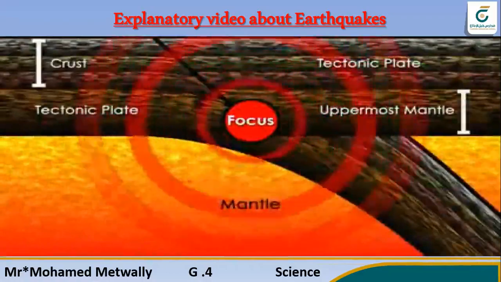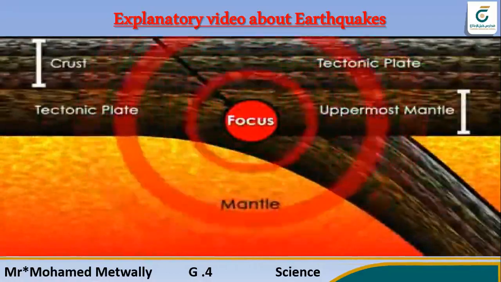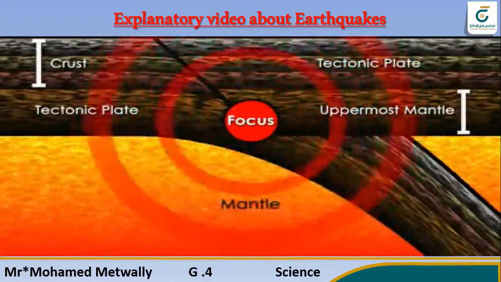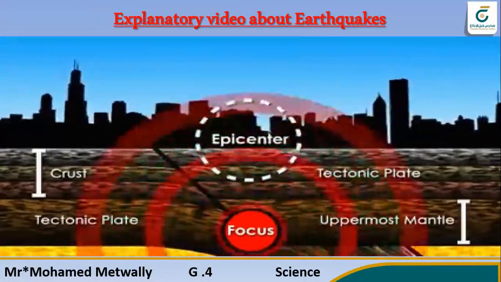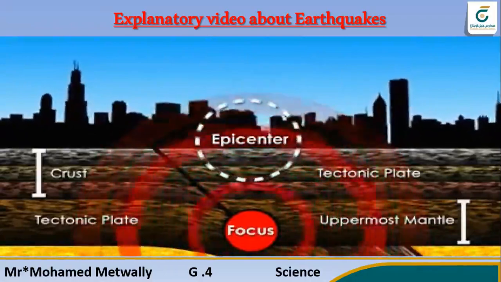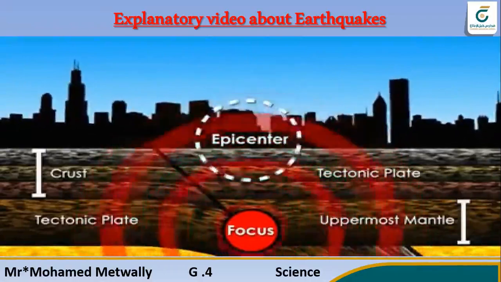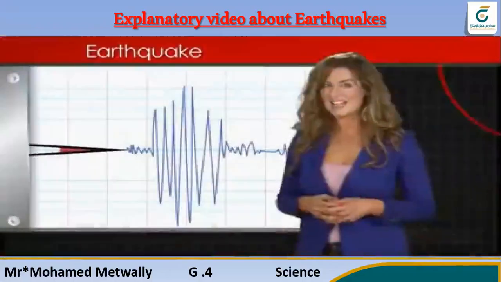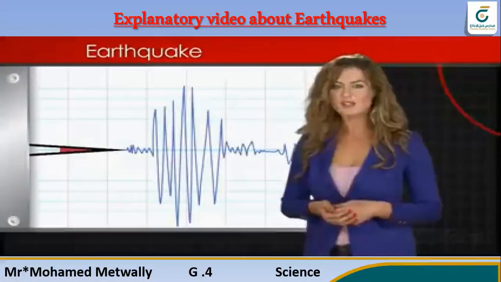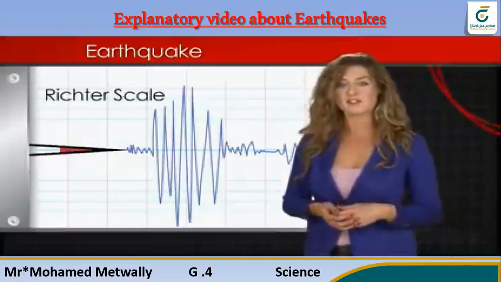The place where the earthquake is actually generated is often hundreds of feet below the surface, and is called the quake's focus. The point on the surface of the earth directly above the focus is called its epicenter, and usually is where the earthquake is the strongest and where most damage occurs. Seismologists, scientists who study and try to predict earthquakes, used to use the Richter scale to compare the size of earthquakes.